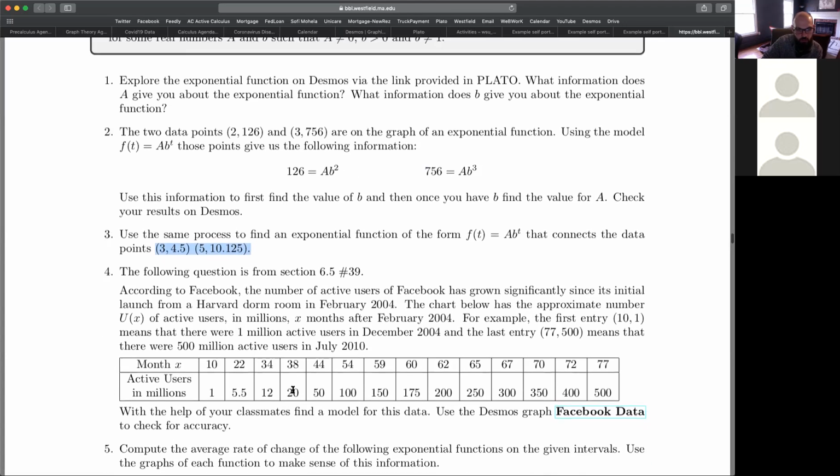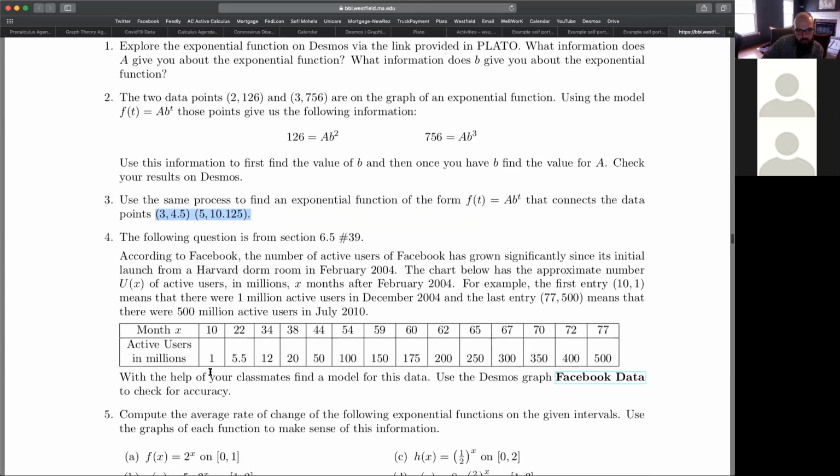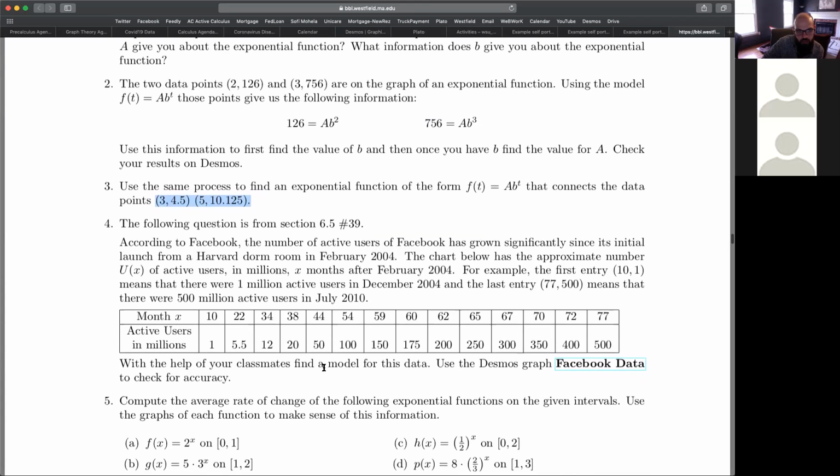In my notes here, I have this activity where we're going to look at the number of Facebook users over time. This is in millions.